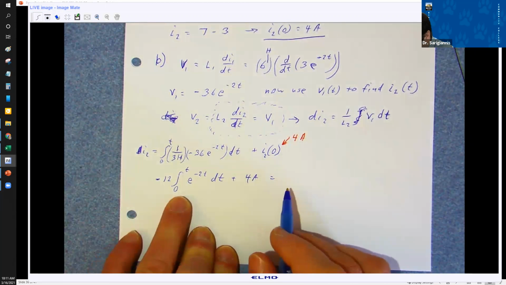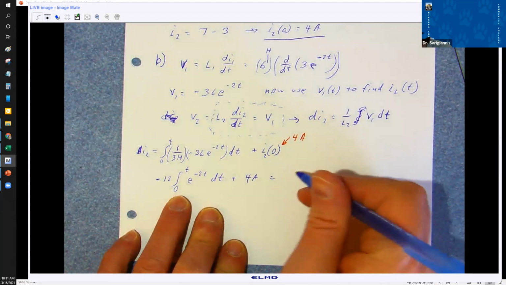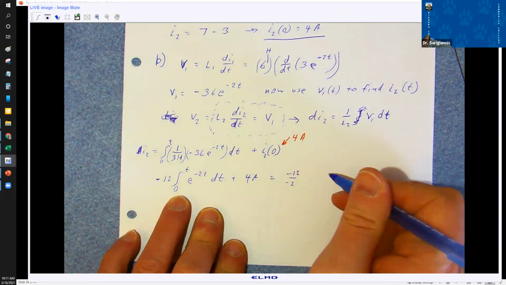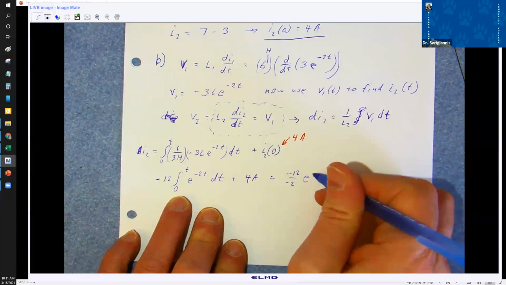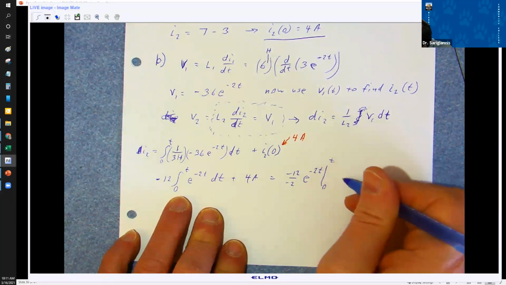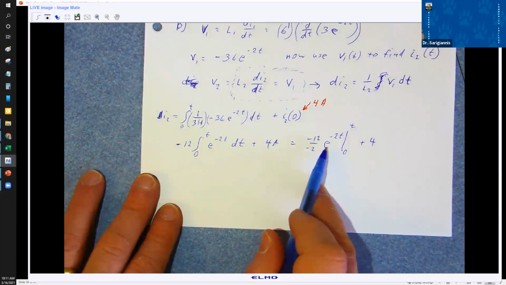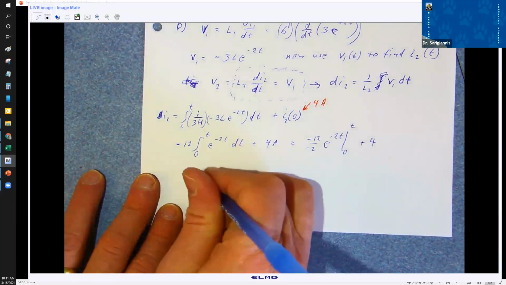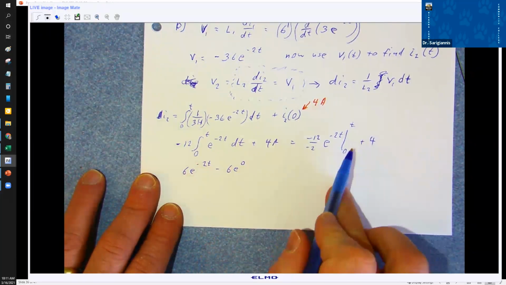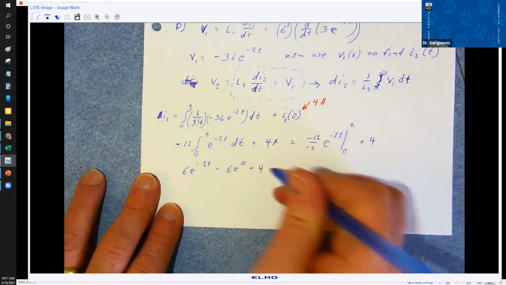And when we integrate this, we're going to get a minus 12 over minus 2 e to the minus 2t from 0 to t plus 4. So this is obviously just 6. In this case, we've got 6 e to the minus 2t minus 6 e to the 0, right? 6 e to the minus 2t, and then plus 4.